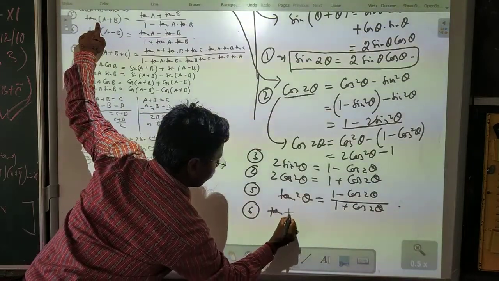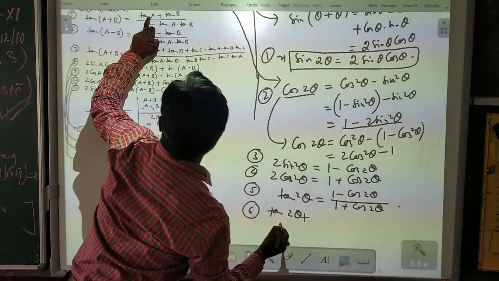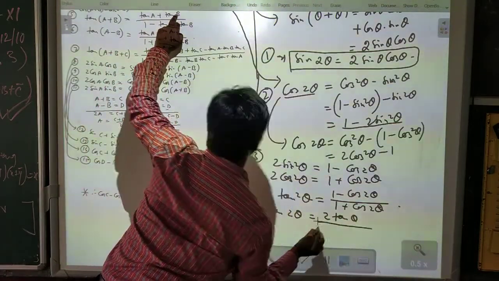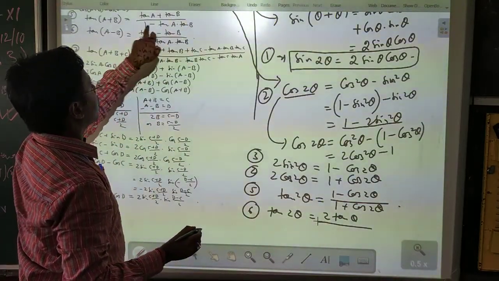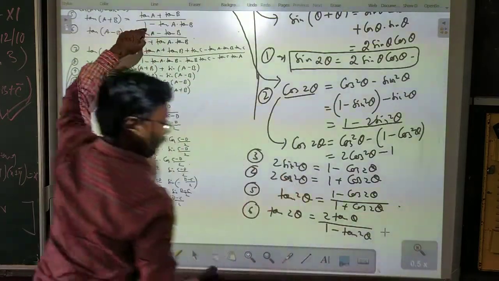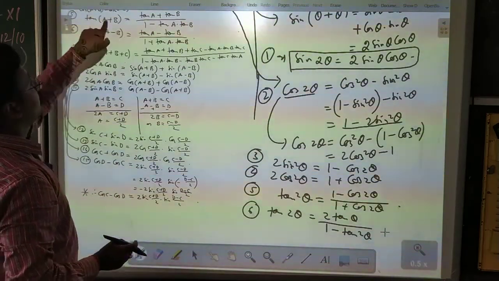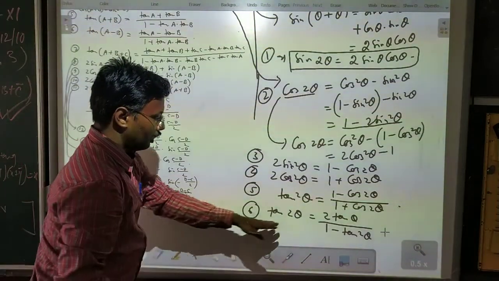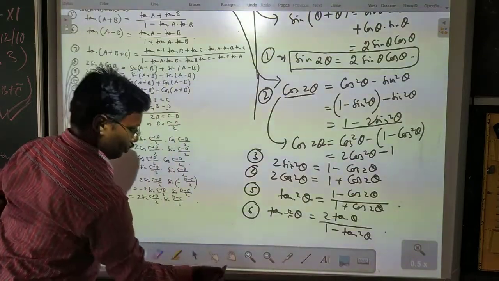So tan 2 theta is equal to tan theta plus tan theta, which is 2 tan theta, upon 1 minus tan theta into tan theta, that is tan square theta. So here we get 1 minus tan square theta. So this formula we are getting from tan A plus B when you are taking A is equal to theta and B is equal to theta. Now again from tan 2 theta we will be getting some more formulas.